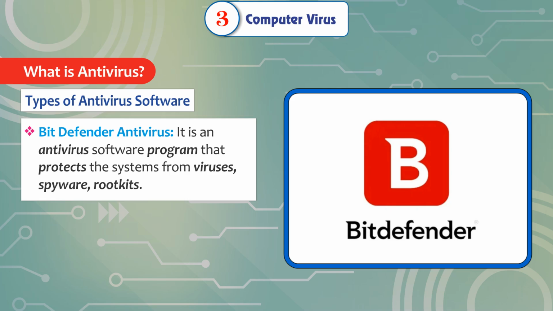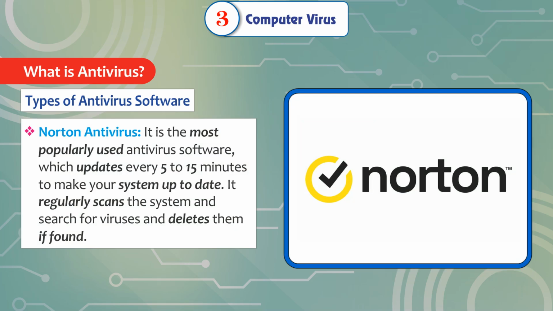Bitdefender antivirus. It is an antivirus software program that protects systems from viruses, spyware, and rootkits. Norton antivirus. It is the most popularly used antivirus software which updates every 5 to 15 minutes to make your system up to date.